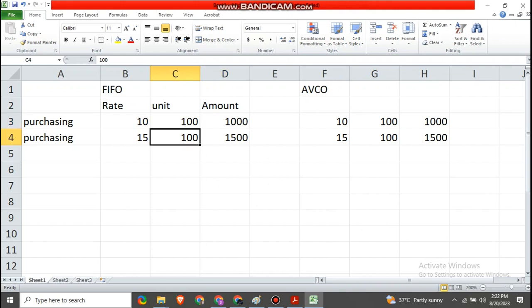And then the second time when we purchase, the cost of material is increasing. So 100 units and the rate is 15. Now I'm paying 1,500. Whereas in the average cost method, when I purchase the first 100 units, it is 1,000, and then when I purchase the second one, it is 1,500.